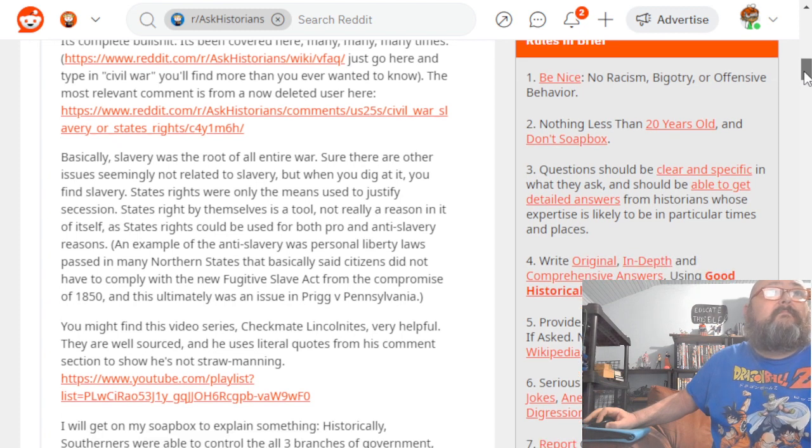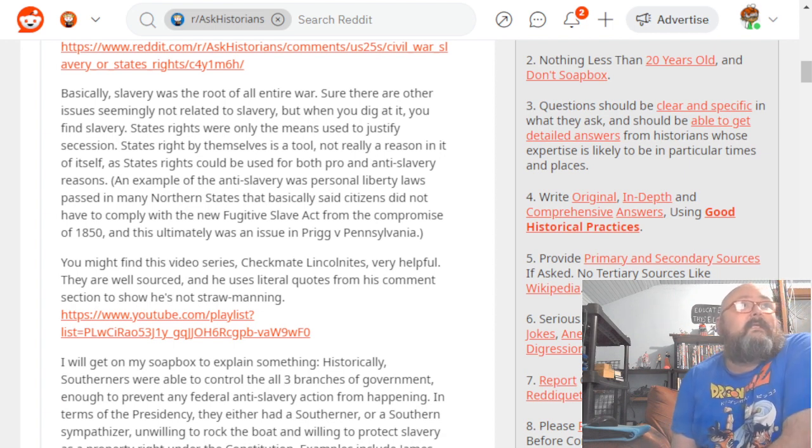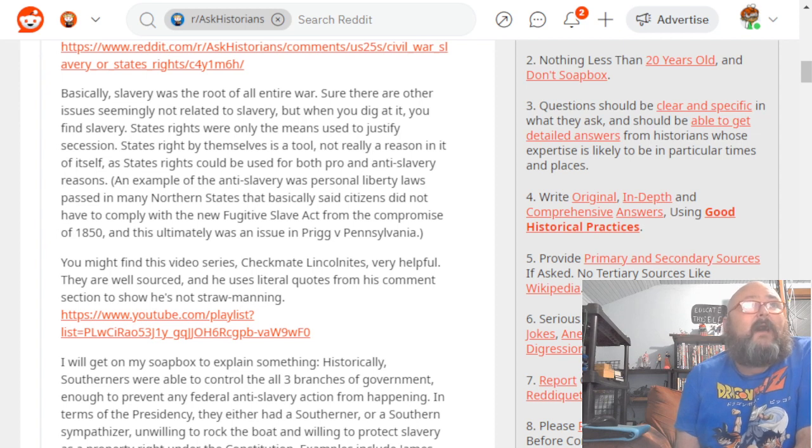States' rights by themselves is not really a reason in and of itself, as states' rights could be used for both pro and anti-slavery reasons. An example of the anti-slavery was personal liberty laws passed in many northern states that basically said citizens did not have to comply with the new Fugitive Slave Act from the Compromise of 1850, and this ultimately was an issue in Prigg v.